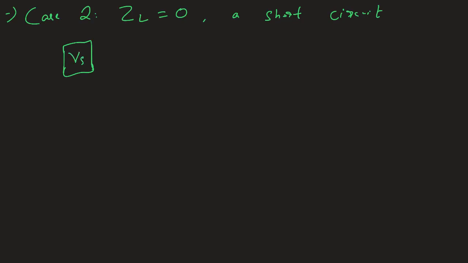Let's look at case 2. Case 2 is fun. It's that ZL is equal to 0, which means that ZL is a short circuit, right? So you have your voltage source here.